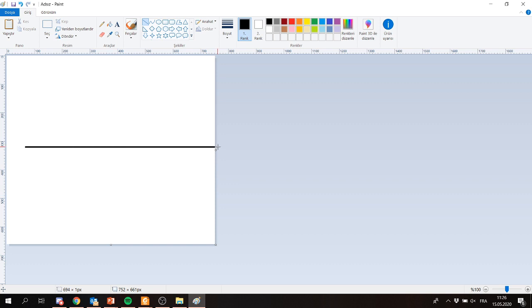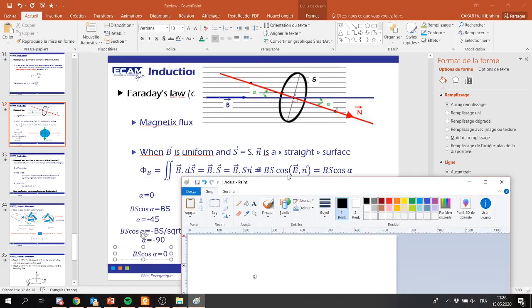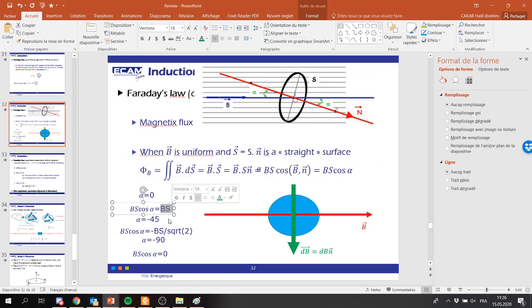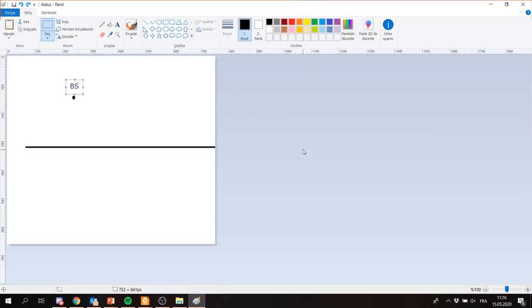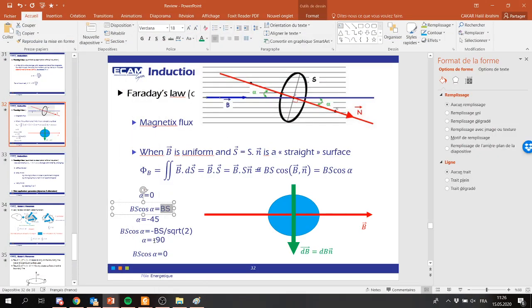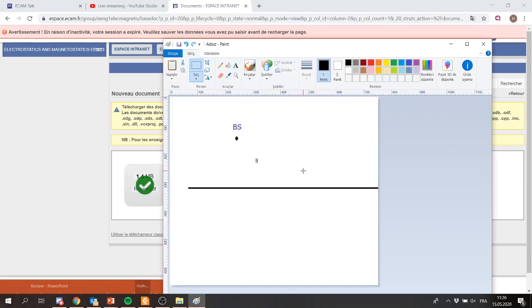At 0 point, I have the maximum, BS, here. And here there will be minus BS over 2.